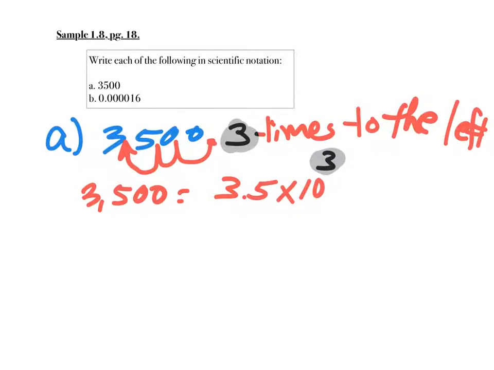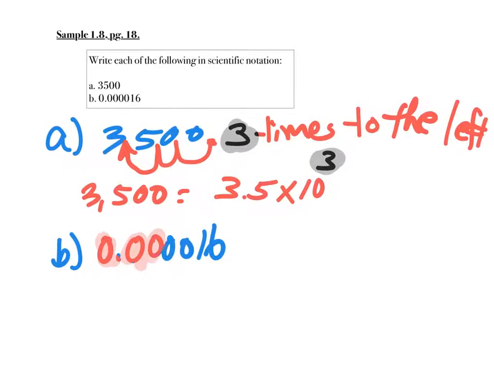Question B has 0.000016. There are 5 zeros. You can just count them up. 1, 2, 3, 4, 5. So you could simply jump from there to being 1.6 times 10 to the negative fifth.